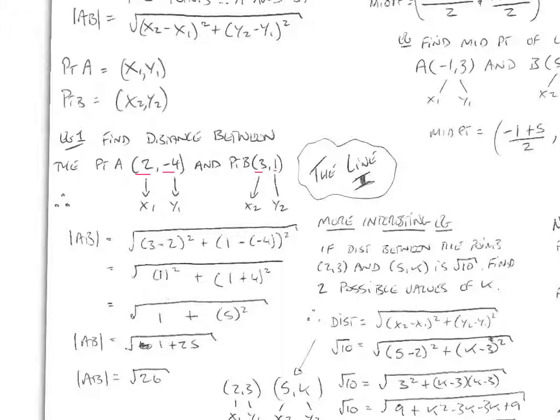So the first thing we do is we nominate this point A our x1 and y1 values, and point B our x2 and y2 values. We plug those into this equation here, and we see that the length of the line, or the distance between the points A and B, is equal to the square root of 26.